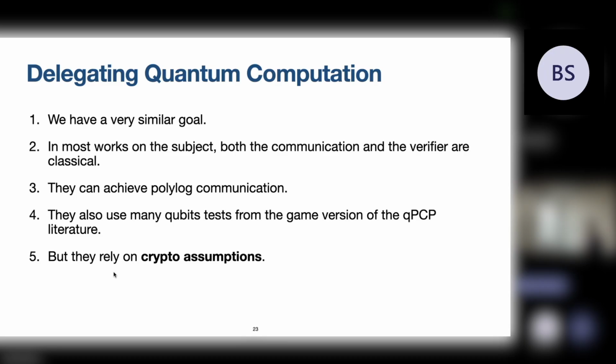Yeah. And in this case, what is this polylog quantum communication? What are the family of quantum states being sent in this protocol? You mean in the other people's delegating quantum computation protocol? No, I mean in here. So in your proposal, what does the quantum communication look like? What are the family of states that the verifier or prover need to send?